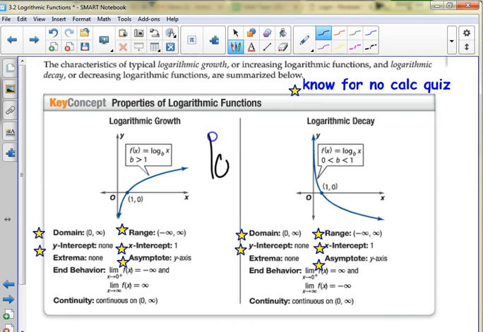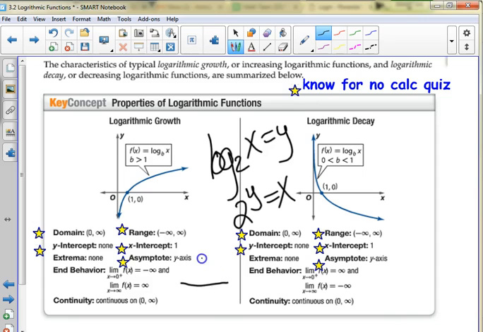So if I ask you log base 2 of x equals y, rewrite that, and what would that say? 2 to the y equals x. Okay? So you could put in y values instead, right? 2 to the 0 would be 1, 2 to the 1 would be 2, 2 to the negative 1 would be 1/2. Yeah, that's a hot mess. Okay?